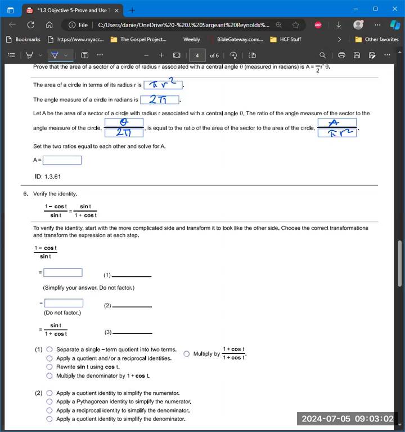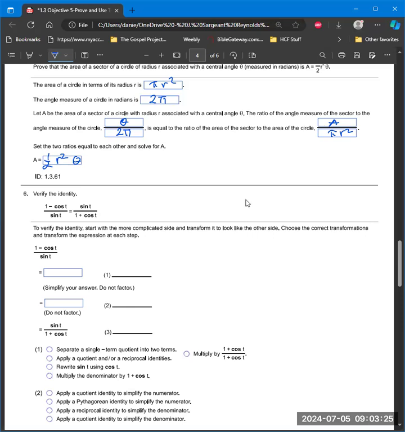And so that's going to give us the formula here. Area is 1/2 r squared theta when we put everything together.